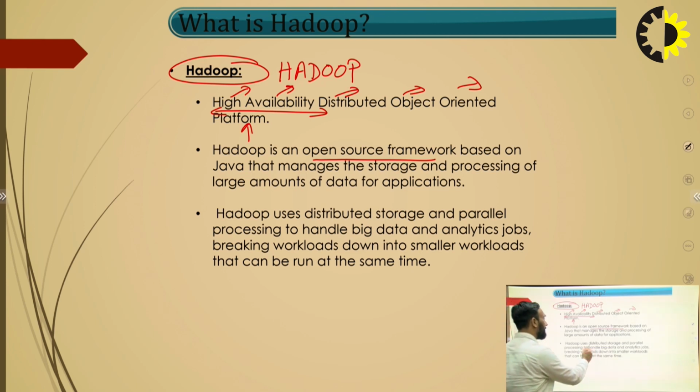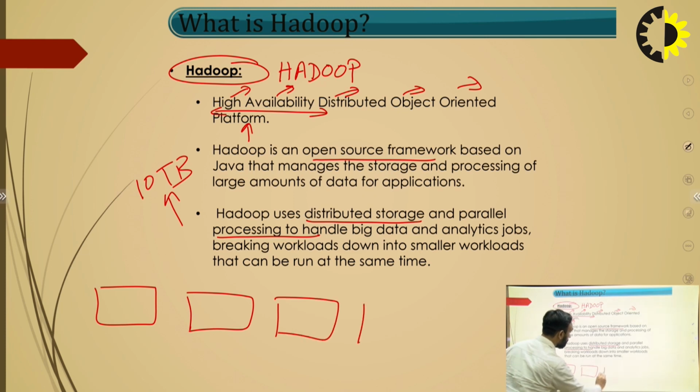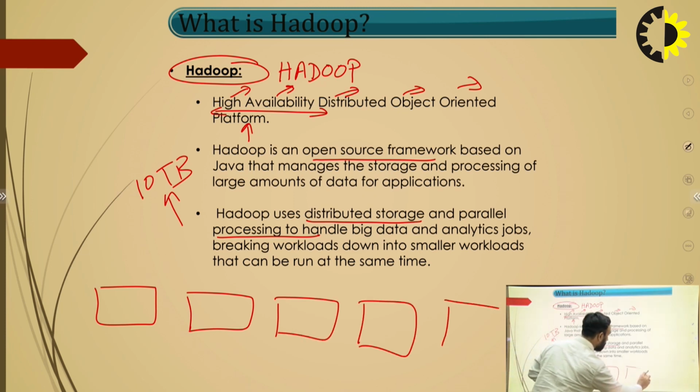Hadoop uses distributed storage and parallel processing. What does it mean here? For example, the size of data is 10 TB. So this data will be stored at 5 different storage places. Why is it done?